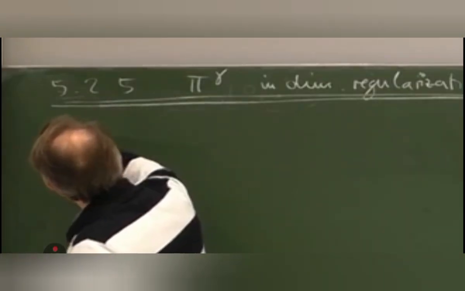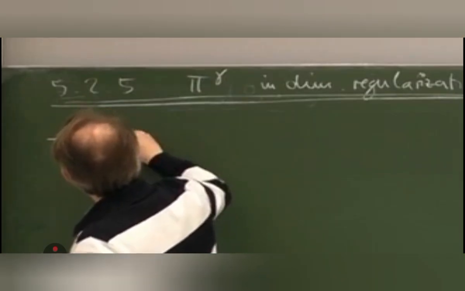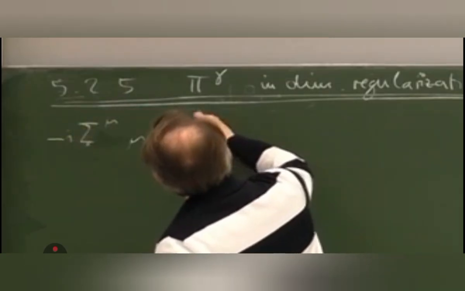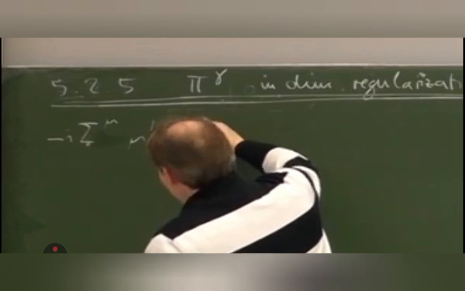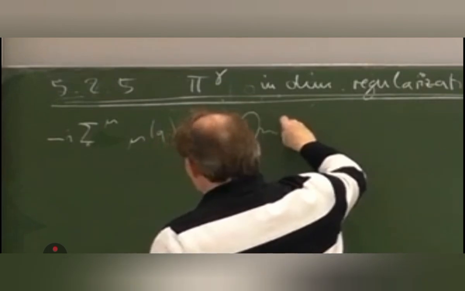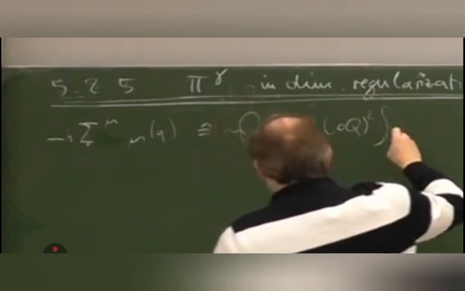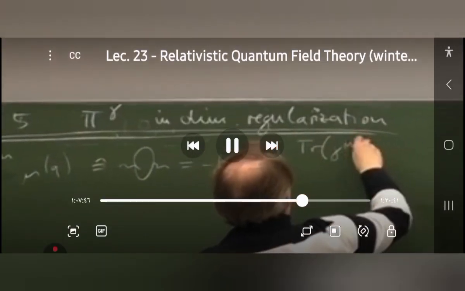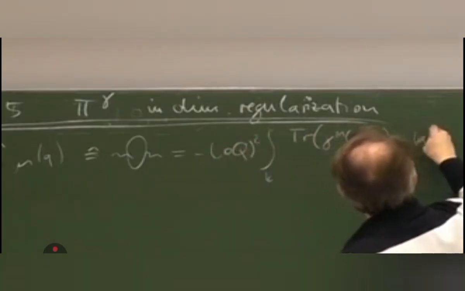So minus i times sigma mu of q contracted over the two Lorentz indices, which was basically given by this Feynman diagram with this minus d q squared times the integral over k of the following trace, gamma mu, k slash plus m, gamma mu downstairs, q slash plus k slash plus m.